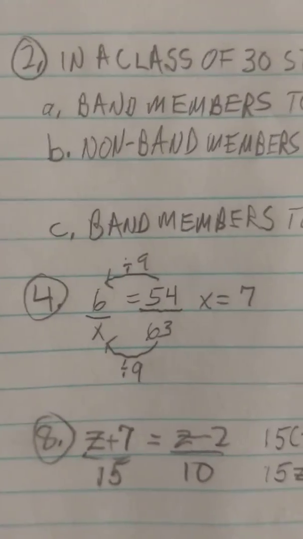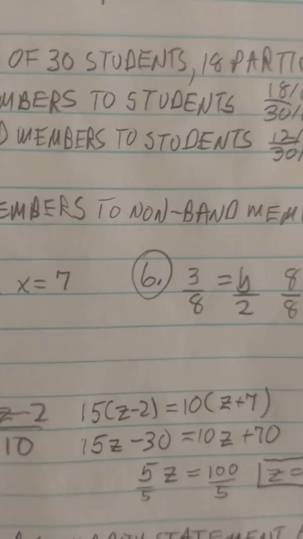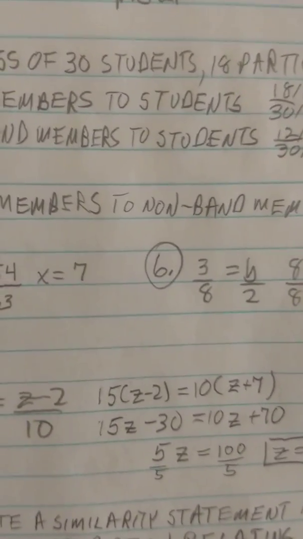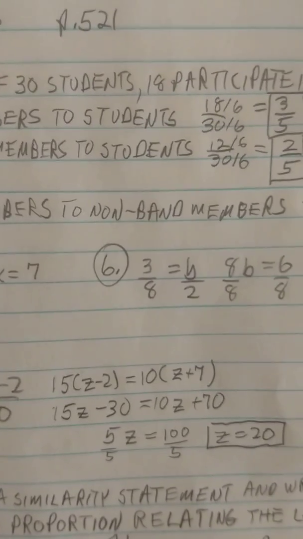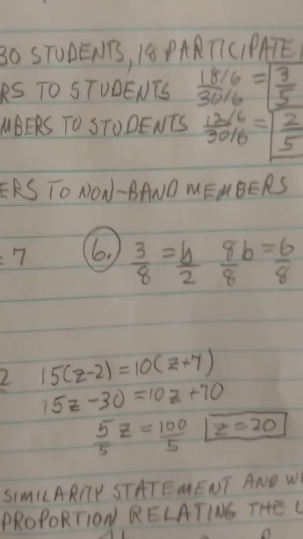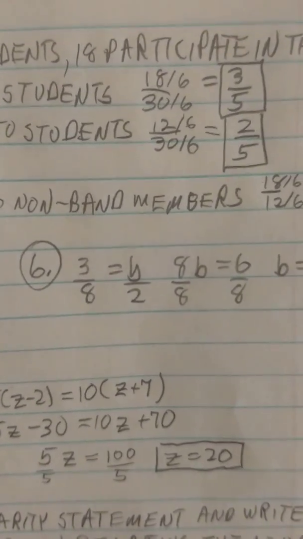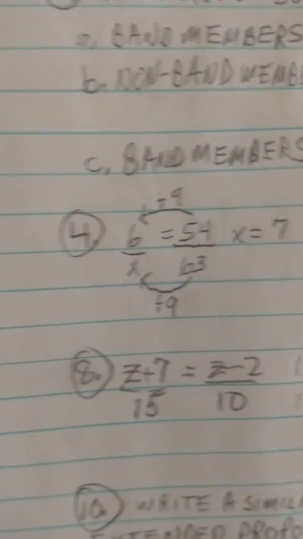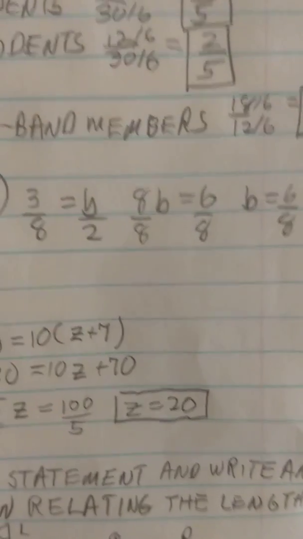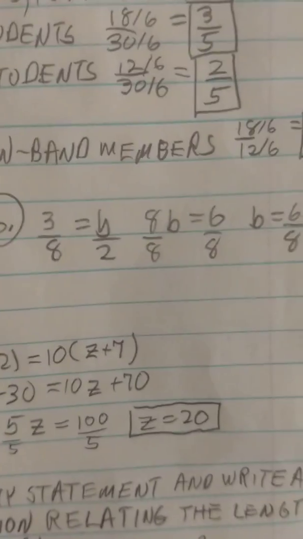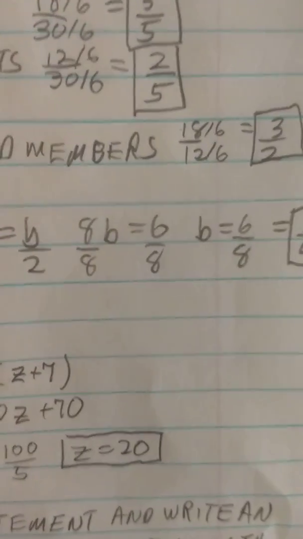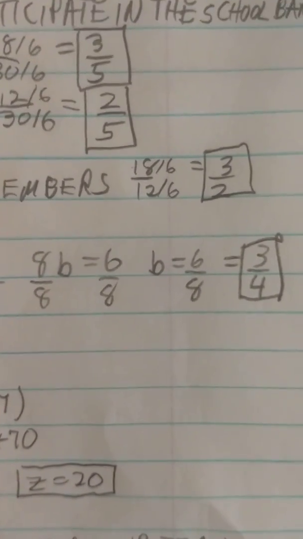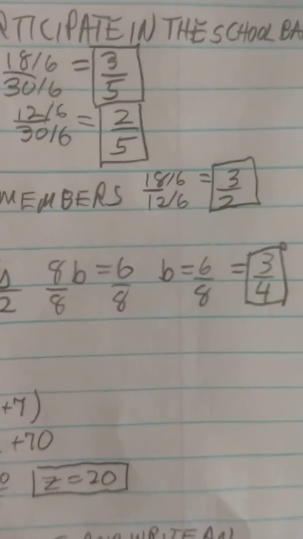If they ask us for non-band members to students, that would be 30 minus the 18, leaving us 12 that aren't in the band, and 12 over 30 dividing by 6 over 6 is 2 over 5, simplified. Now, band members to non-band members would be 18 band members over 12 that aren't, divide by 6 over 6, simplifies to 3 over 2. And all these fractions have to be simplified.